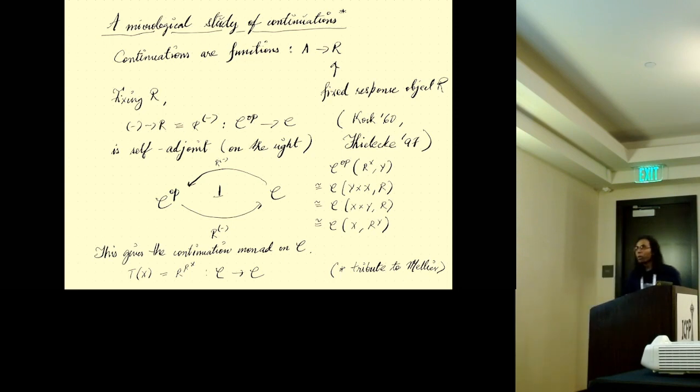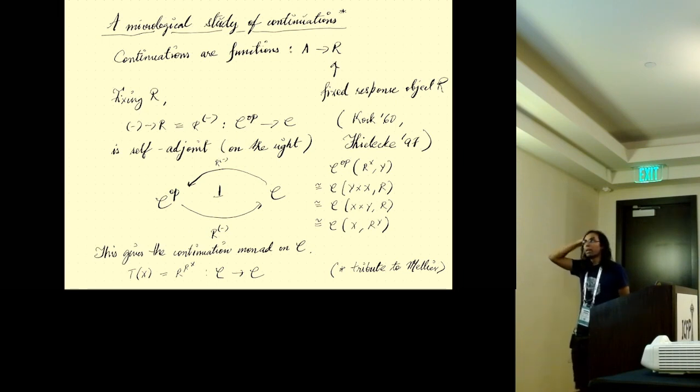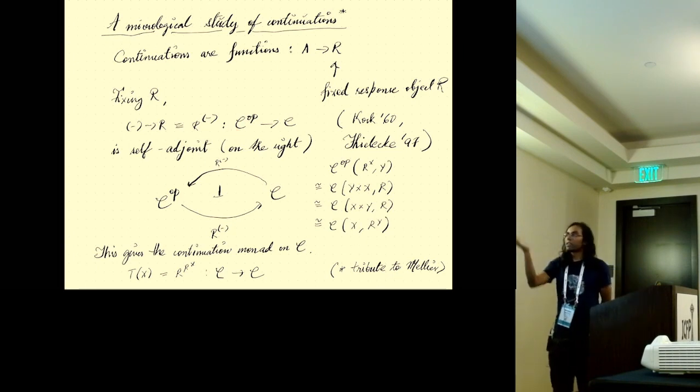So all of this is pretty much well known, like how continuations are non-returning functions from A to R, and we fix a response type R, and then we have A to R. Okay, and then different people have studied categorical semantics of continuations, and in particular, Thielecke's 1997 Edinburgh thesis on the categorical structure of CPS was based on axiomatizing the negation functor, R to the blank, which is a contravariant functor from C up to C. And the amazing thing about it is that it's self-adjoint, so it's adjoint to itself.